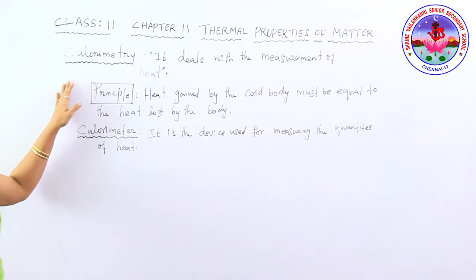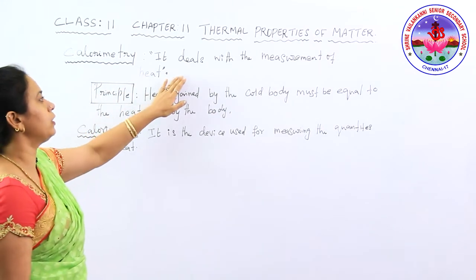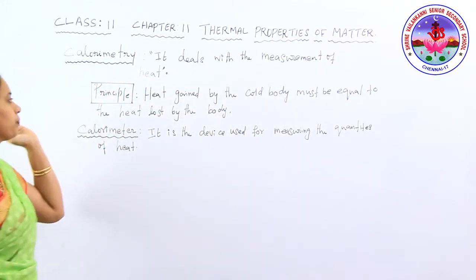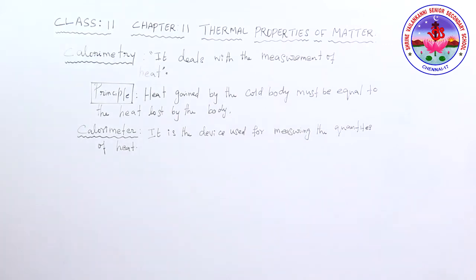Yes students, calorimetry. So it is the branch of physics that deals with the measurement of heat. The principle says that whenever two bodies of different temperatures are placed in contact with one another, they share the heat till their temperature becomes equal.